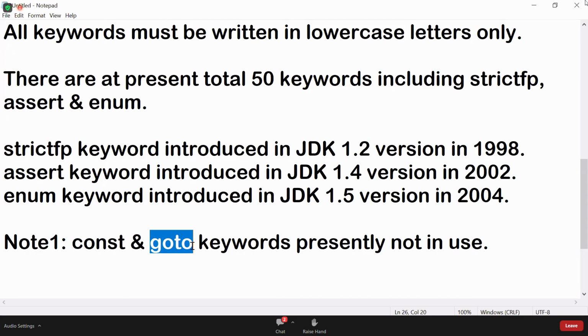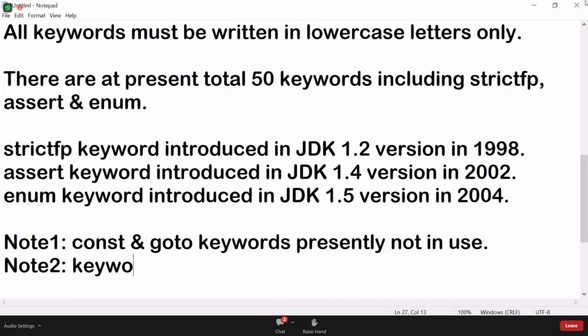As compared to C language, Java is latest, because C language is 1972, Java 1995. After 23 years, Java came. So what were the issues in C language? Those were all rectified by Java developers. That's why const and goto keywords are presently not in use. You should not use these two. It doesn't work.